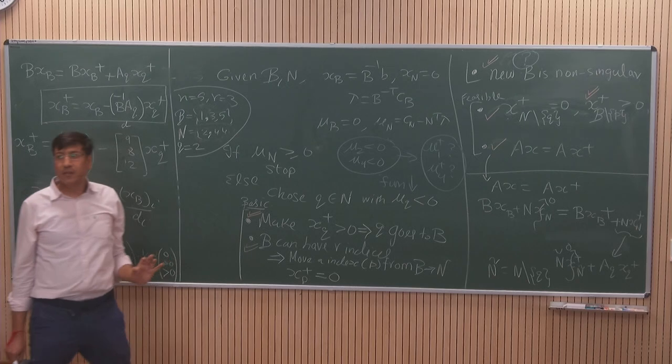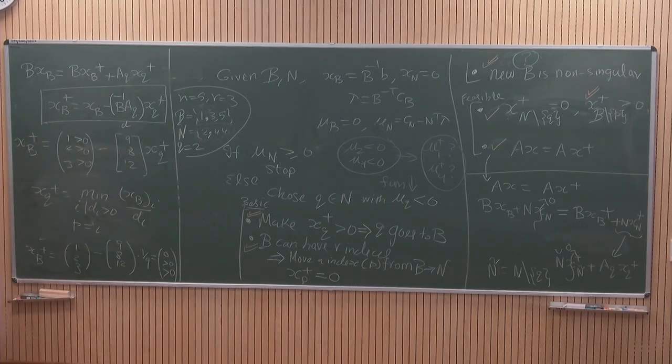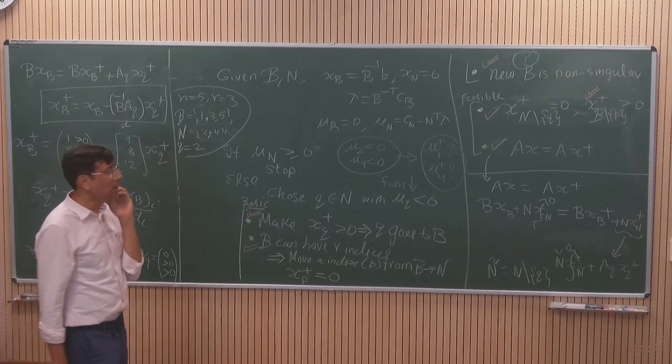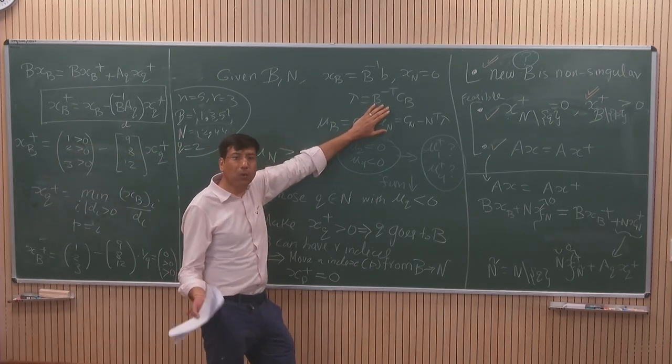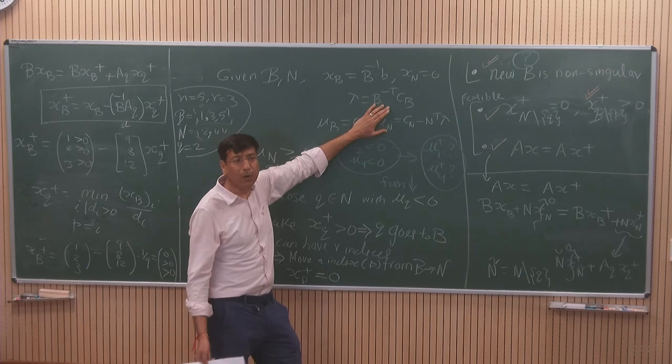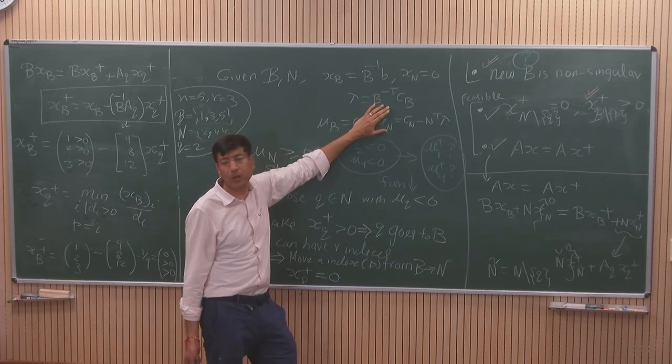How many components does it have? N minus r, right? Because r are going in the B set, so the remainder has to go in the N set. So if all n minus r components of mu_N turn out to be positive, you're good. The very first basic feasible point which is given to you was the solution and you're done.